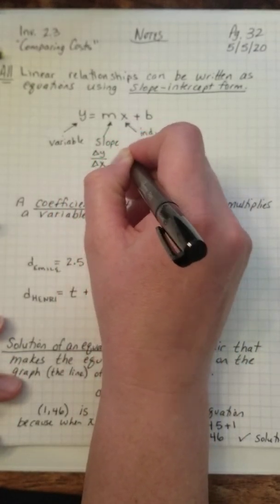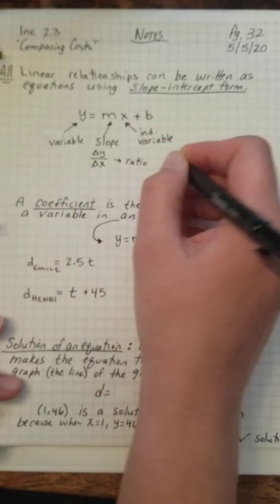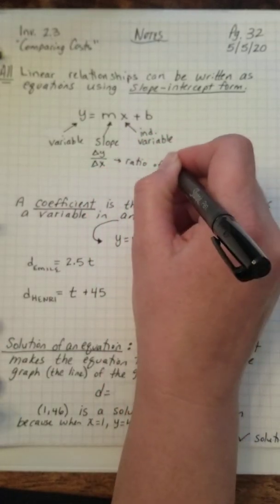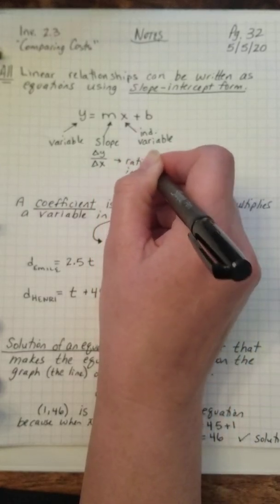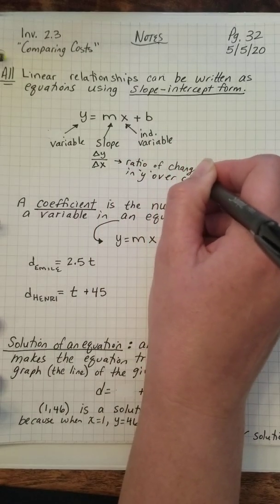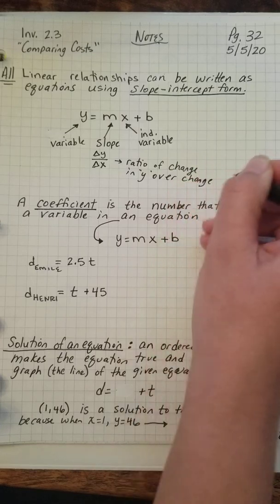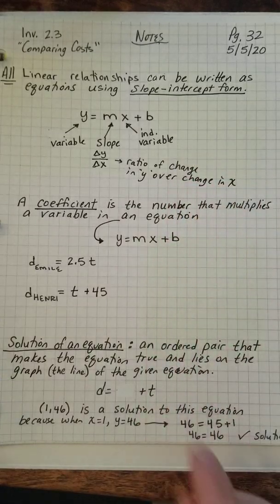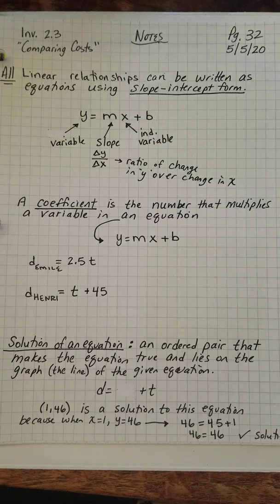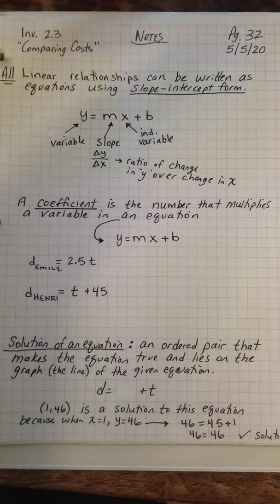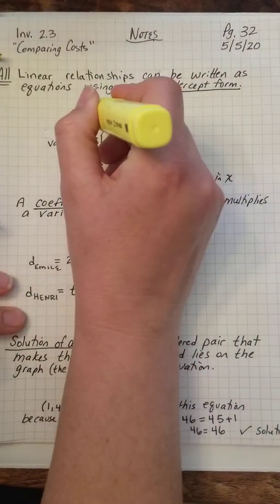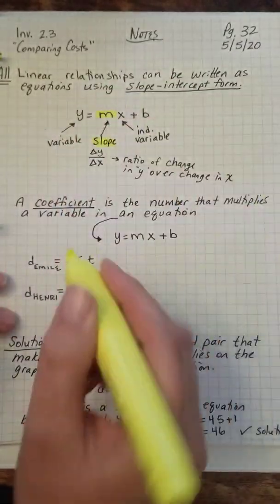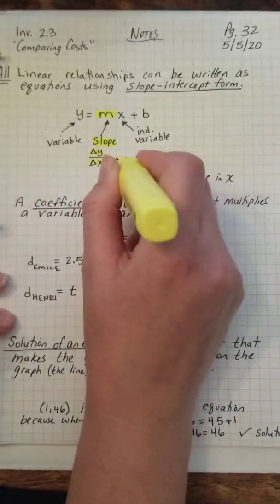So here I could say ratio of change in y over change in x. So ratio of change in y over change in x. Why don't I highlight and color code this too, just so that we have it. So slope, m is my slope, which is all of this info.